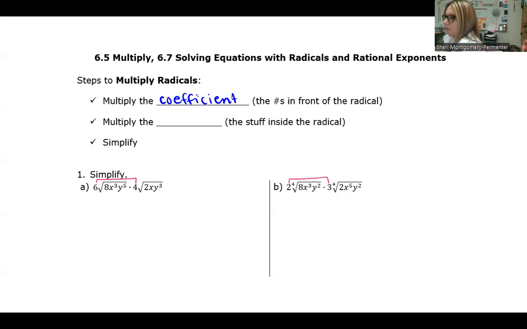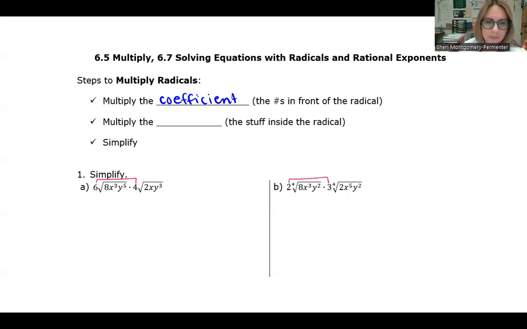So looking back at our notes from last class, what is the stuff that's underneath the radical? Say it proudly. It's a weird name, right? Radicand.